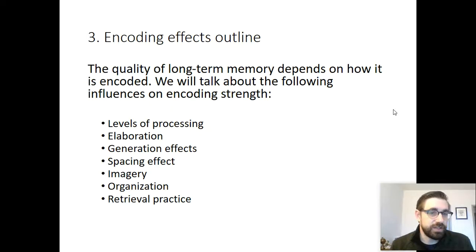So these factors are useful for people. They're useful because they take advantage of how our memory works and how our memory stores information. And that seems to be true across people. So there aren't some people who benefit from generation effects and some people who benefit from imagery. It seems to be fairly generalizable that these are useful.